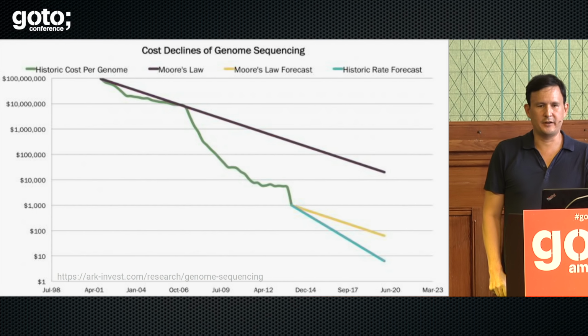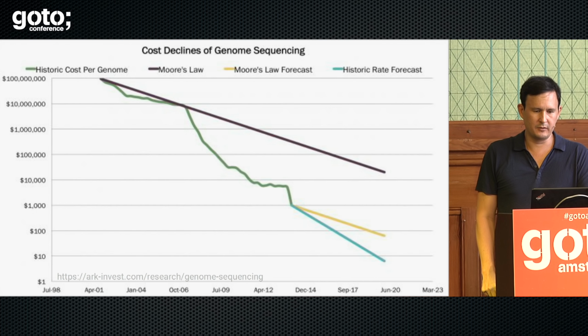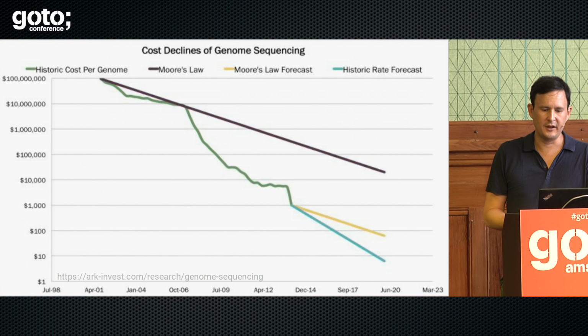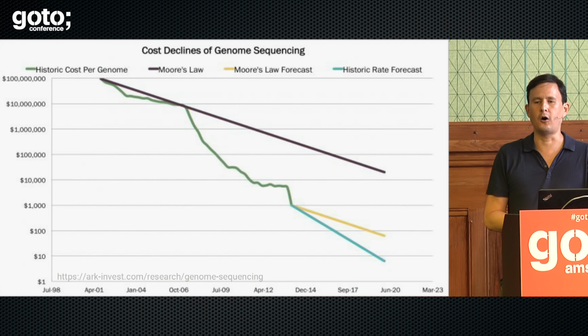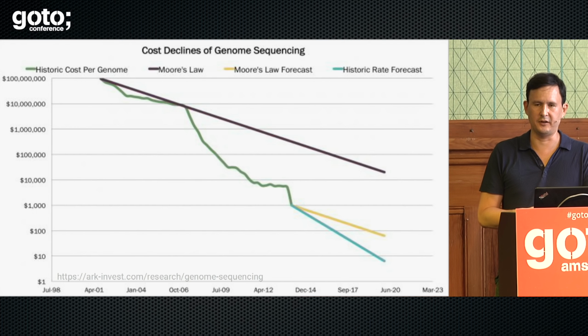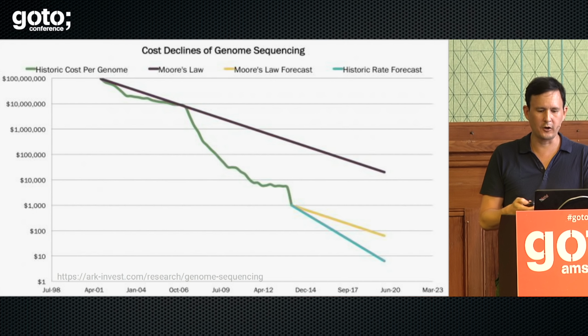You can see that it's exponentially decreasing, but remarkably, the cost is decreasing, or the throughput is increasing for DNA sequencers, at a rate that's outstripping Moore's law. So it's going even faster than the computers, because we're developing some really interesting nanoscale technology for reading DNA. I'll come back to this later.